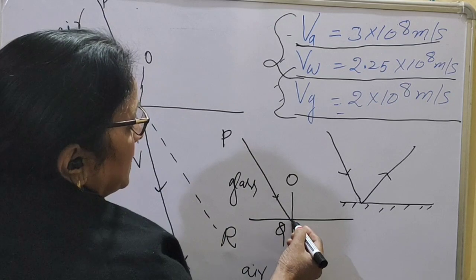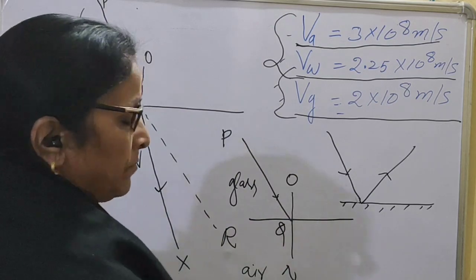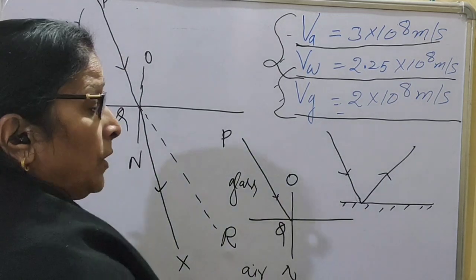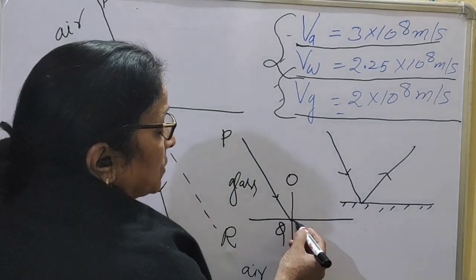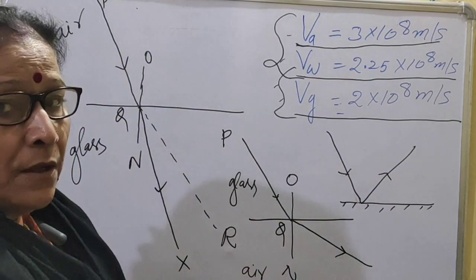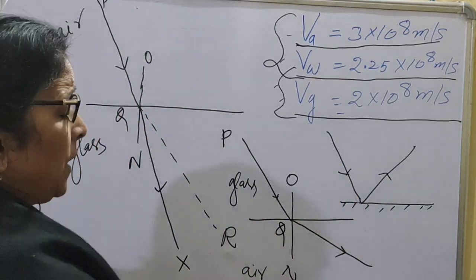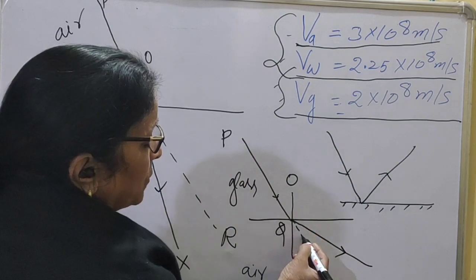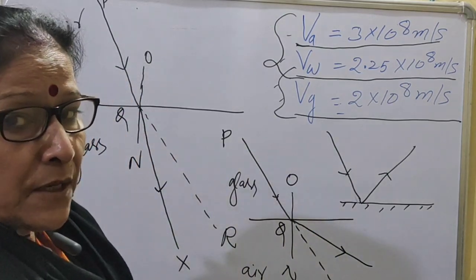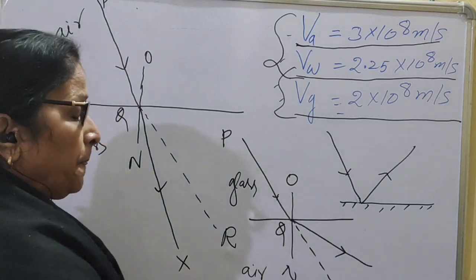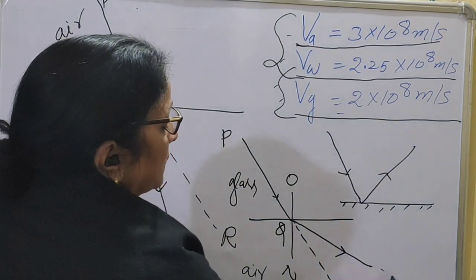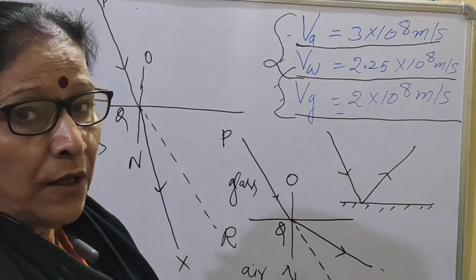So what happens is that in this medium, meaning air, the speed of light increases, so the ray of light takes a longer path and it moves away from the normal. Its actual path would be this one, in the absence of air, because light travels in a straight line path. So this will be the new path of light when it passes through the air.